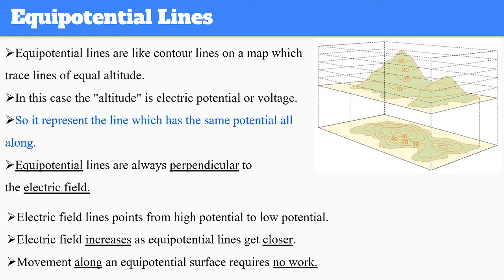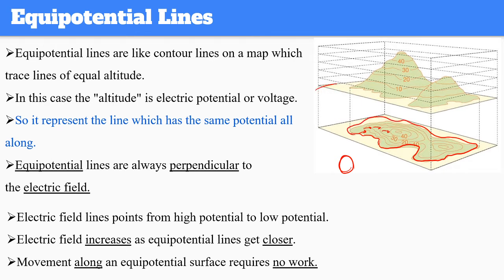Alright, equipotential lines. What is an equipotential line? It is like contour lines on a map. They basically represent the altitudes, right? The outermost one is going to have 0, because that represents the ground, and then depending on the scale, each layer is going to tell you a certain increase, and the line we are representing tells you the same altitude.